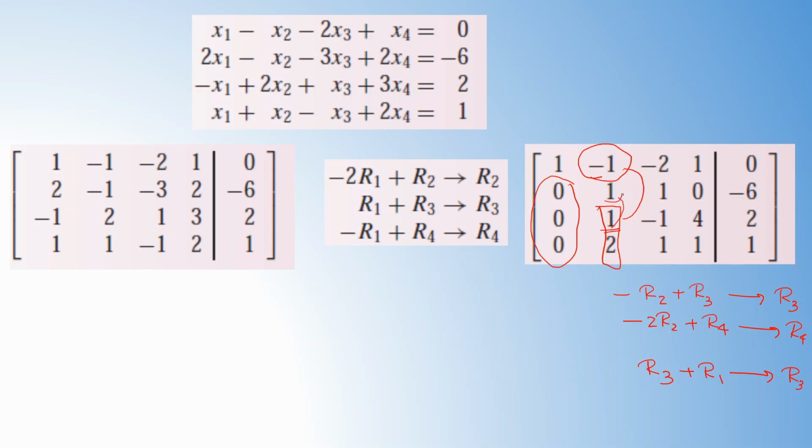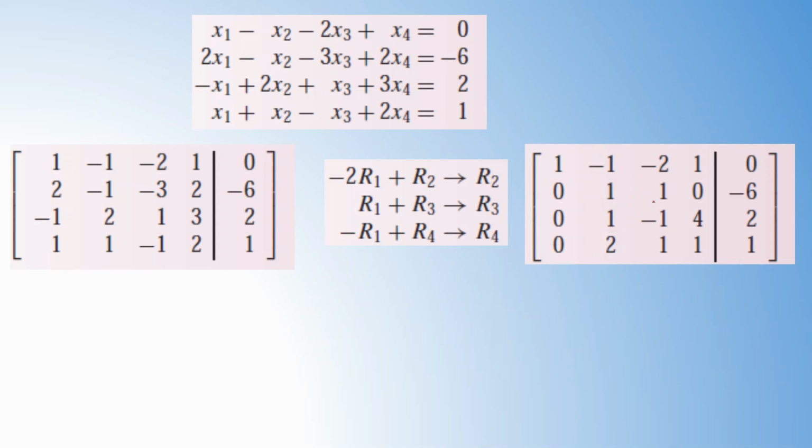So here, above this 1, we can make it 0. You can simply add this 1 to here, so then you can make this entry into 0.